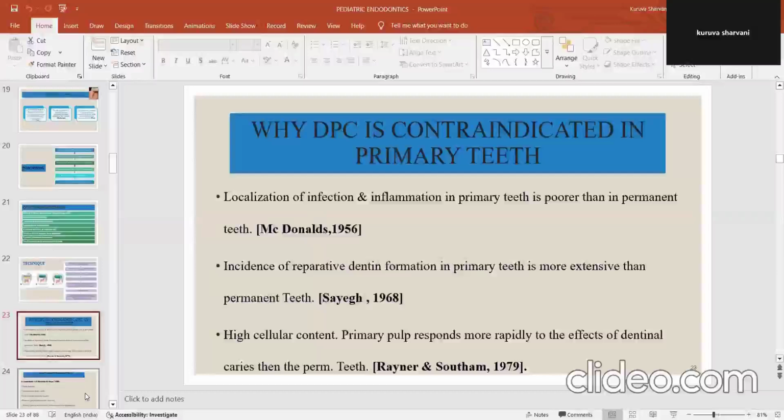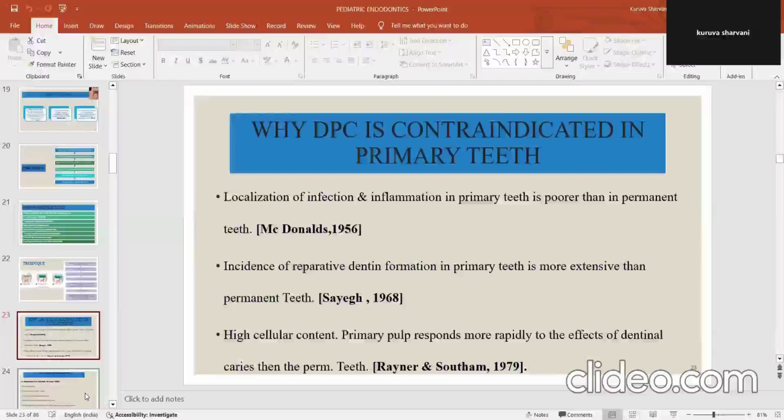And the incidence of reparative dentin formation is very low in primary rather than that of permanent teeth. And the most is the cellular content, that is, the primary pulp response is very high. Due to these three reasons, direct pulp capping is contraindicated in primary teeth.